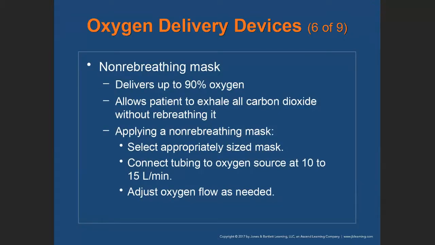Non-rebreathing mask delivers up to 90% oxygen and allows the patient to exhale all carbon dioxide without rebreathing it. Applying a non-rebreather mask: select an appropriately sized mask, connect tubing to an oxygen source at 10 to 15 liters per minute, and adjust oxygen flow as needed.